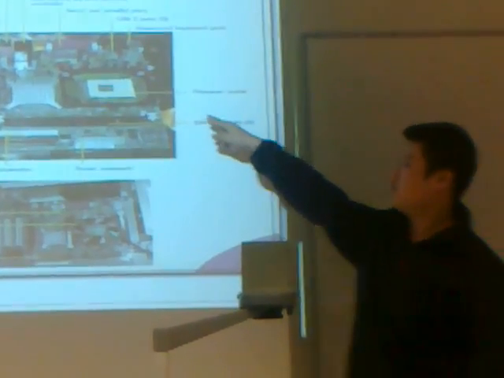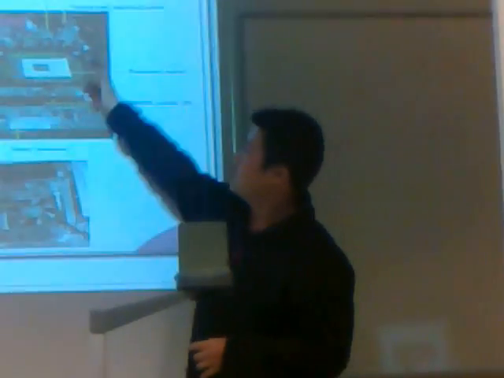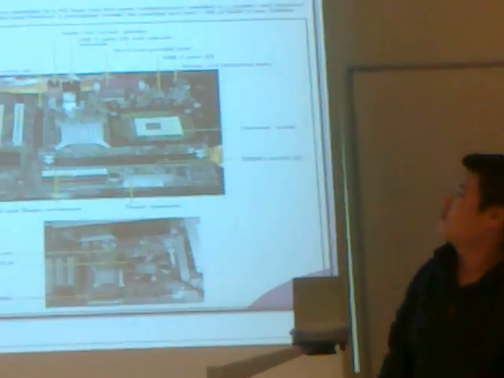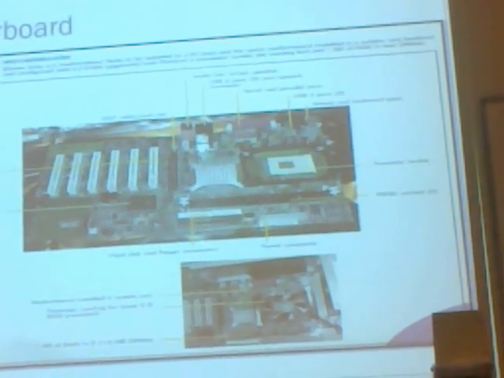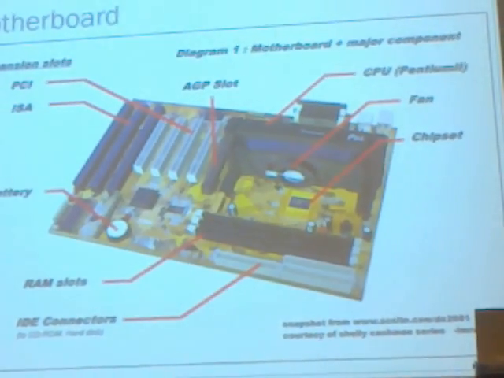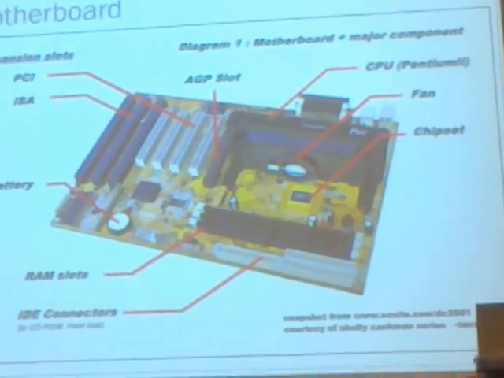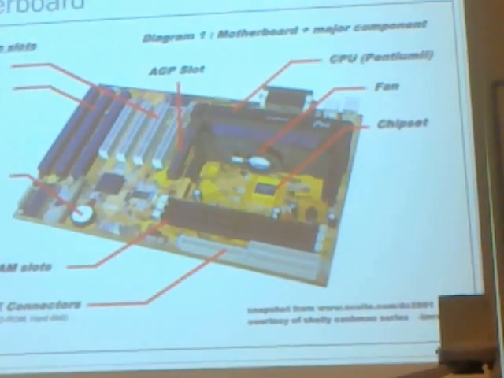This is where you can plug your processor into the mainboard. And some USB ports, audio in. Next is another picture, maybe you can see it more clearly in this picture. Can you see it? Yes.